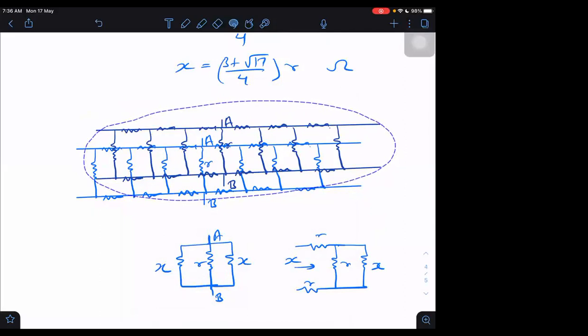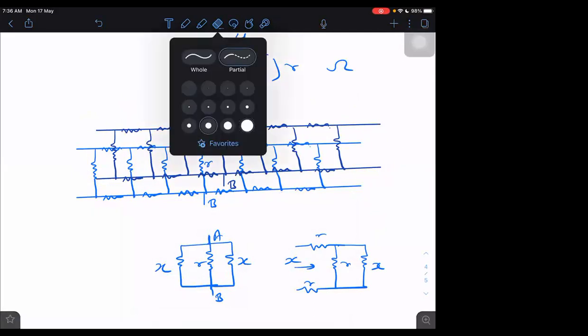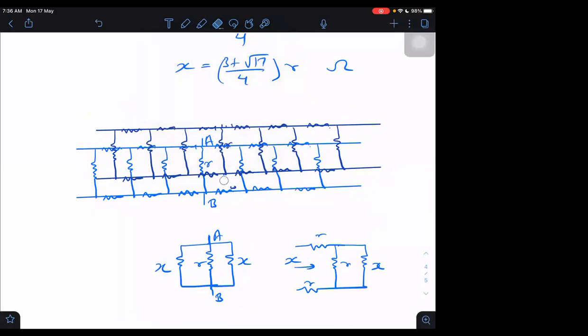Again one more resistance I have placed, more network, just identical network only. And then I'm joining these together to form several such squares. What would it do?